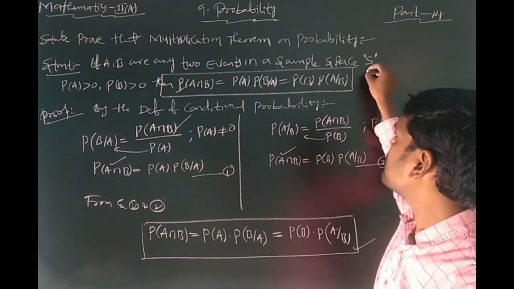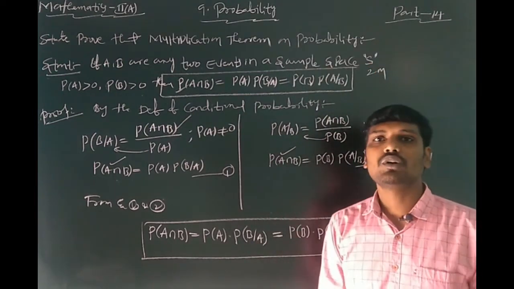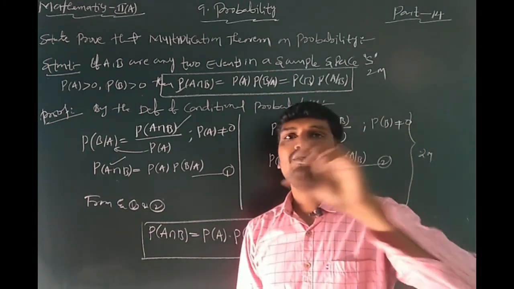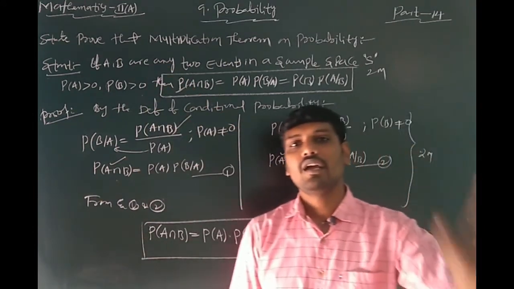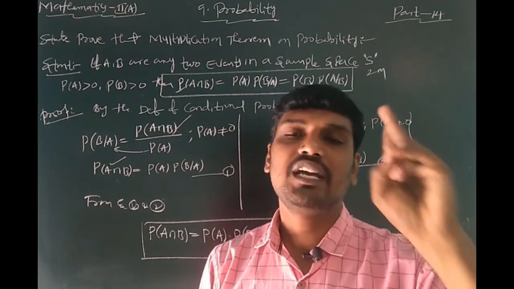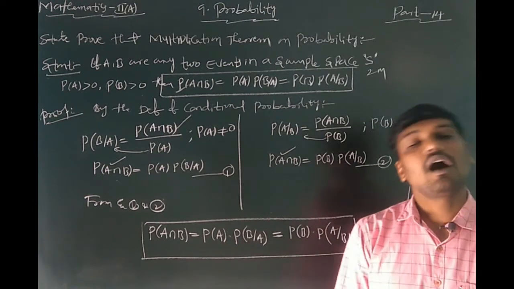You get 2 marks for the statement and 2 marks for the proof. Total 4 marks come in the IB examination. Sometimes this problem is given for 4 marks, just to prove this proof. In this proof, the conditional probability definition carries 2 marks: P of B by A 1 mark, P of A by B another mark.